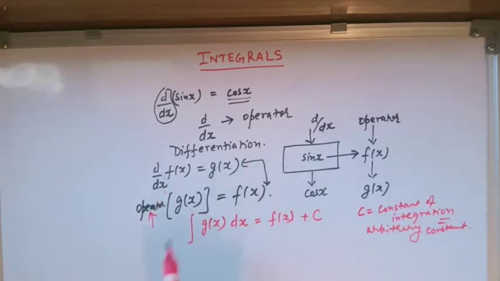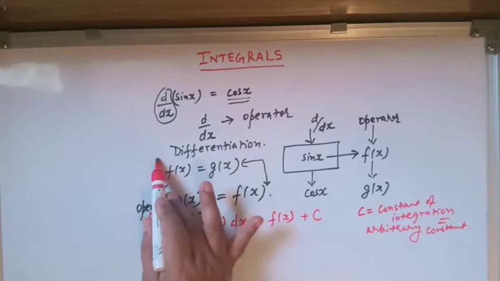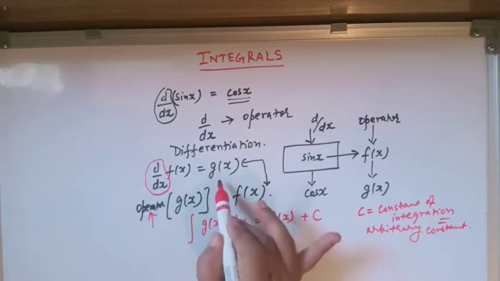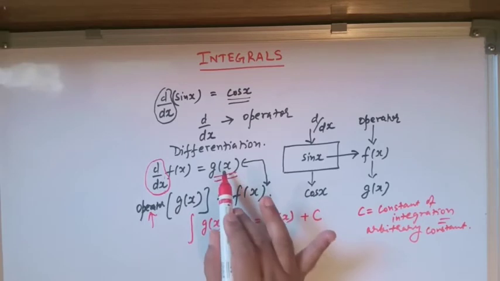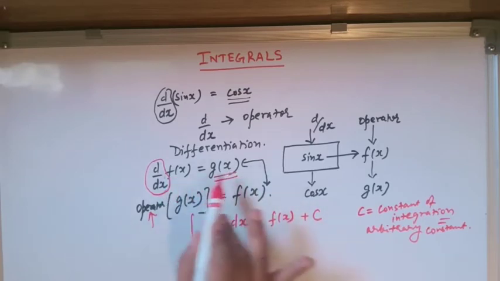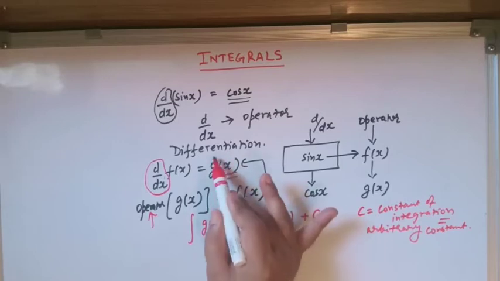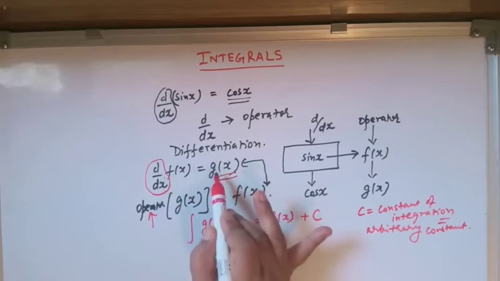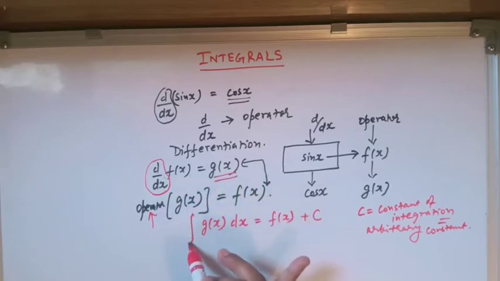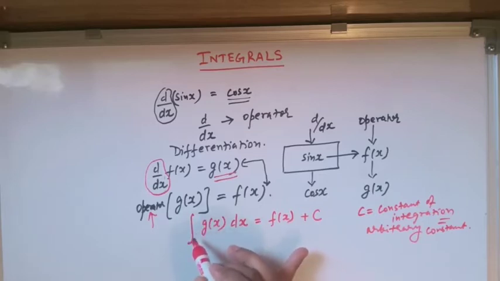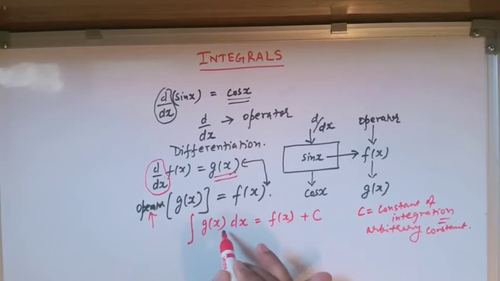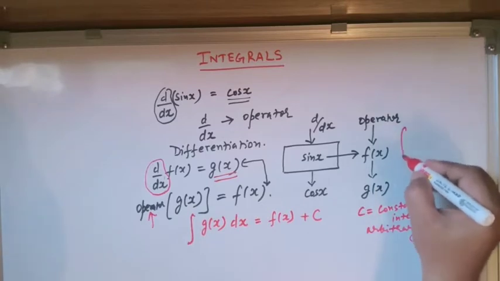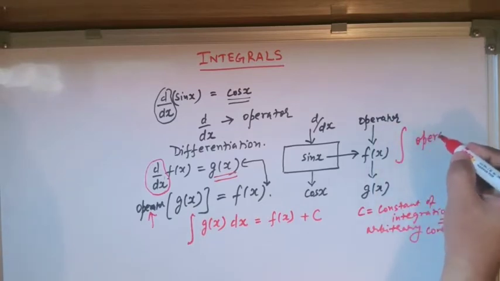So here we have two things. The first one is that when f of x is operated by this operator, we get a new function which is known as the derivative of f. Now if we operate this derivative of f, which is the function g of x, by this operator, and this operator is called the integral of g of x with respect to x. So this is also an operator.